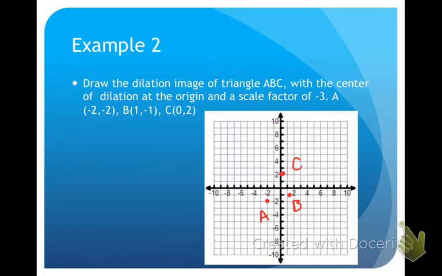So we're going to get +6, +6 for A. We're going to get -3, +3 for B. And we're going to get 0, -6 for C.